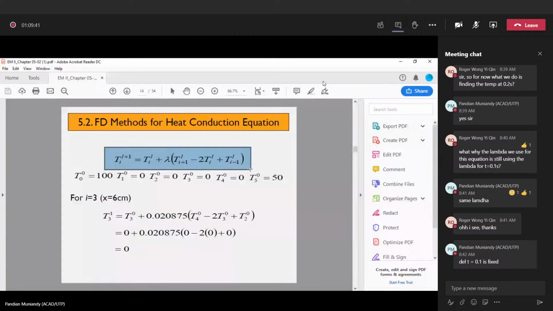So T3 to T superscript L1, subscript I is 3, plus lambda 0.020875 in the bracket T superscript L, L is 1, subscript I plus 1, 4, minus 2 T superscript L1, I is 3, plus T superscript L is 1, subscript I minus 1, 3 minus 1, 2.